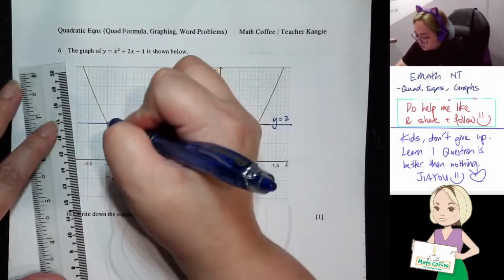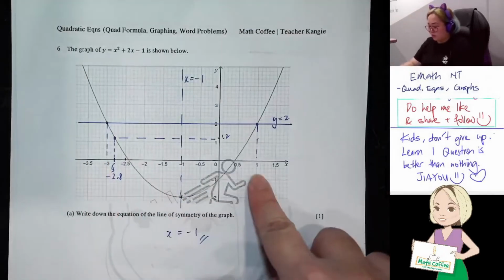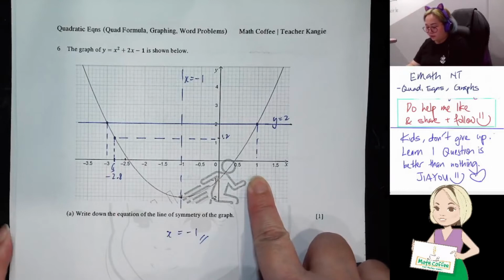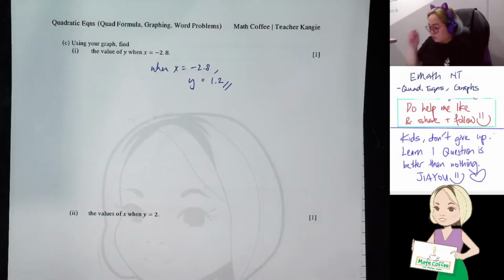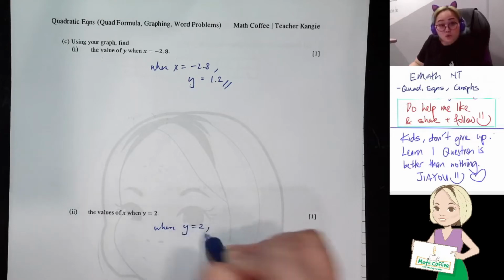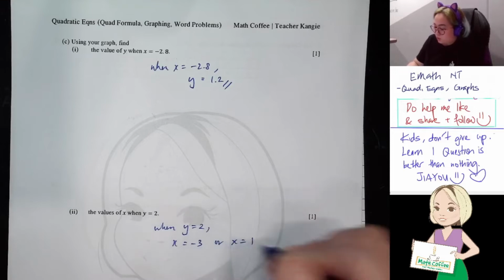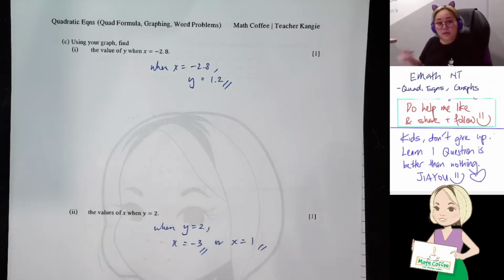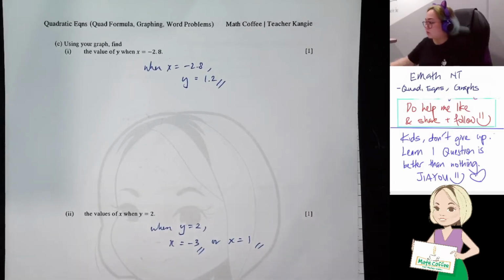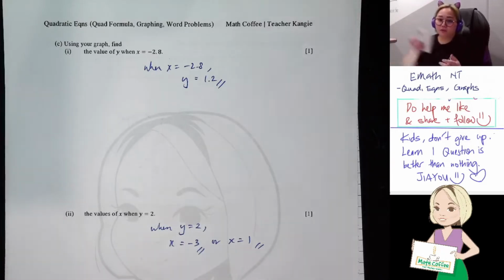And also this point over here, draw the dotted line. So you can see that it's actually minus 3 and 1. So you will say, okay, when y equals to 2, my x is equals to minus 3 or x is equals to 1. And we are done. Okay, so this is how you do quadratic graph and finding the corresponding x or corresponding y value.